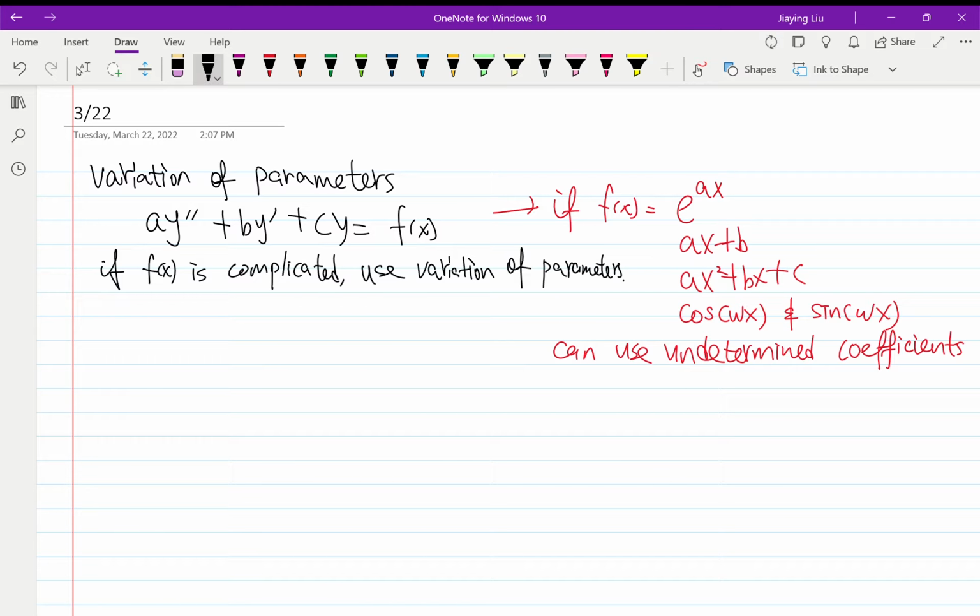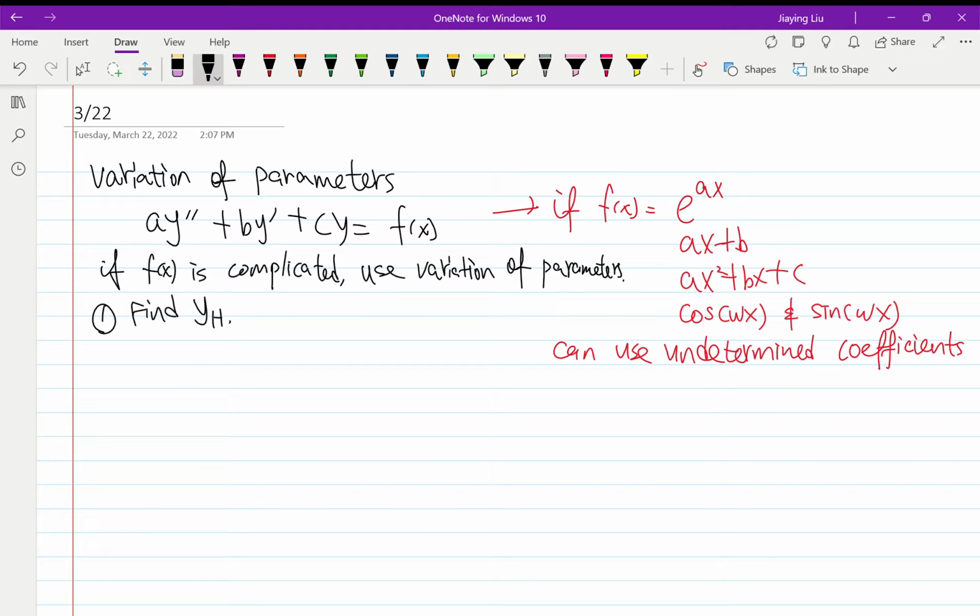So the process of using it is basically the same as undetermined coefficients. It's just that in the part where we find the particular solution, it's a slightly different process. So the first thing we're going to do is still find the homogeneous solution.